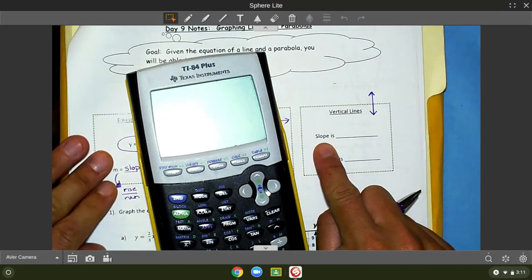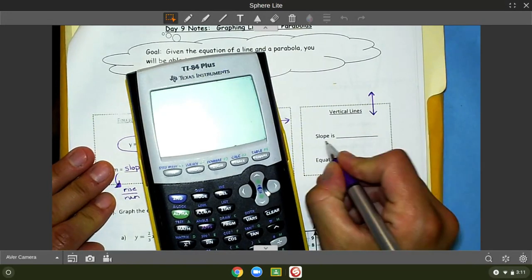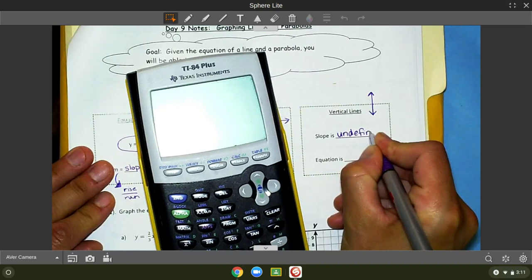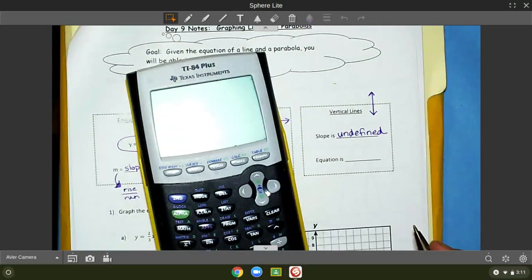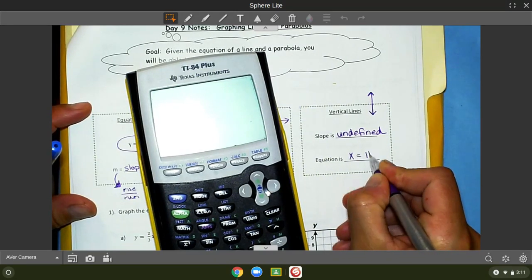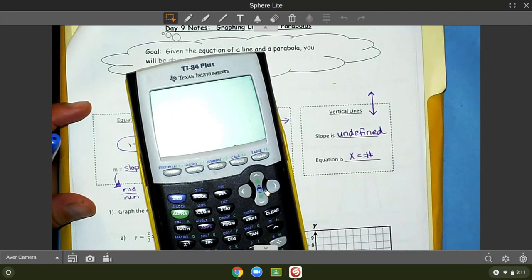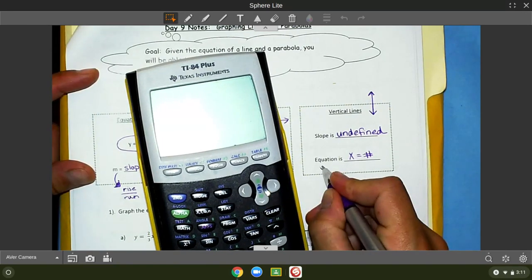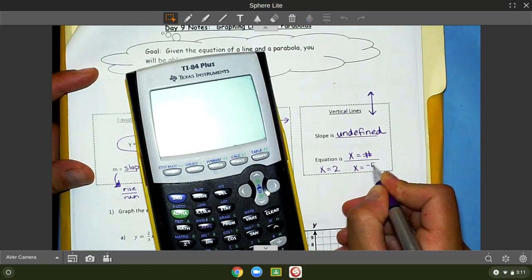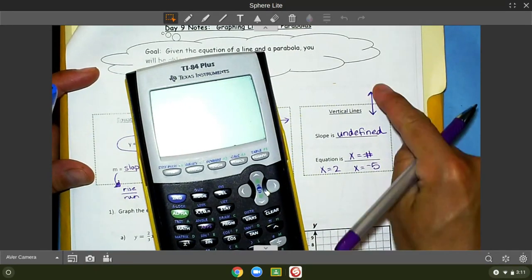That is because a vertical line has a slope that is undefined. Not only is there no slope, the slope is undefined, because it is x equals a number. There's no y in a vertical line. So x equals 2, or you could have x equals -5.